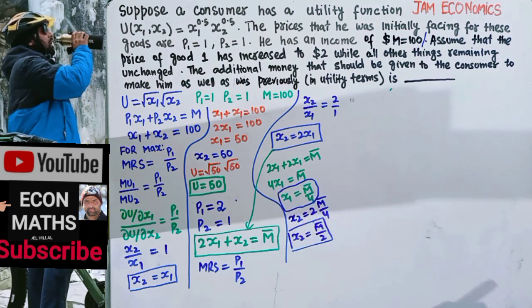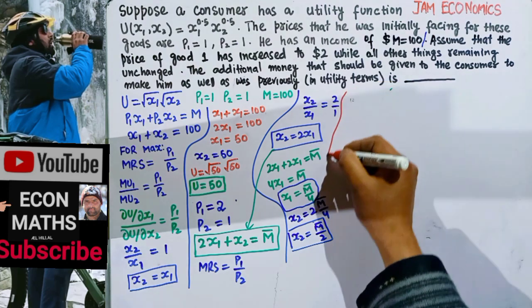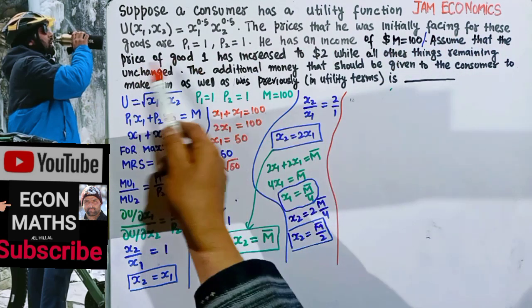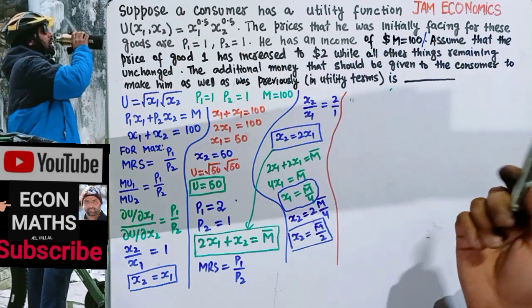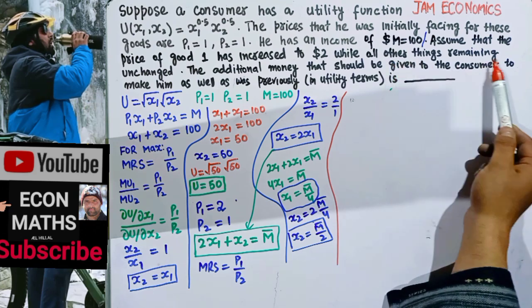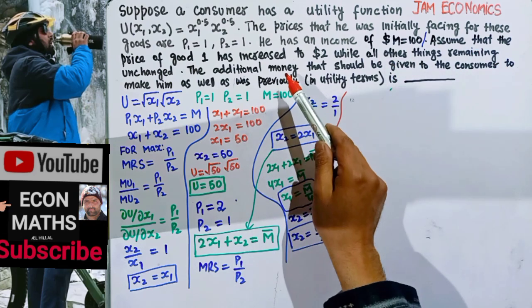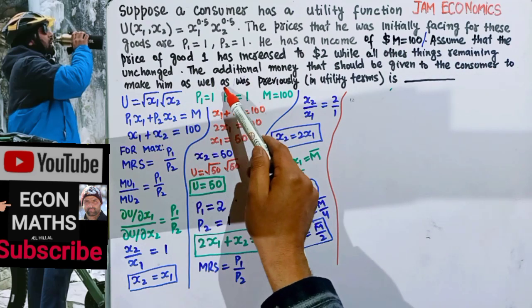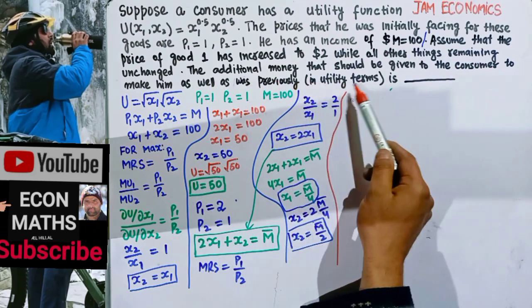Now what we need to do, the question has asked us, assume that the price of good one has increased to $2. We constructed the new budget constraint here, while all other things remain unchanged. The additional money that should be given to the consumer to make him as well off as he was previously in utility terms.